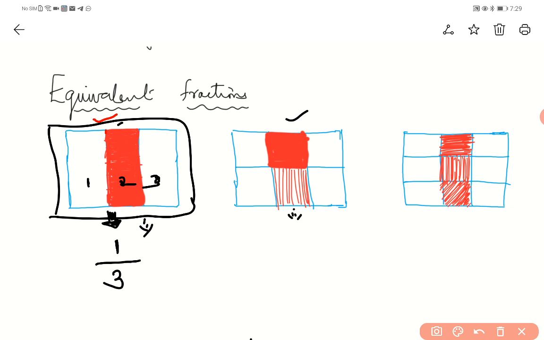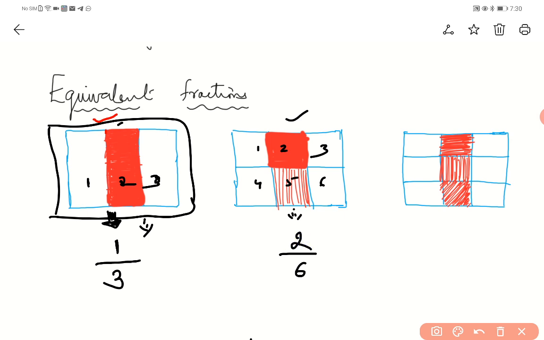It has how many regions? 1, 2, 3, 4, 5, 6. It is divided into 6 regions, so I will take this as 6. And the shaded parts are only 2. That is, two parts are shaded. So my fraction will be 2 by 6.